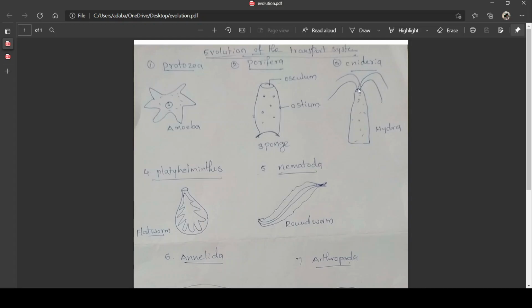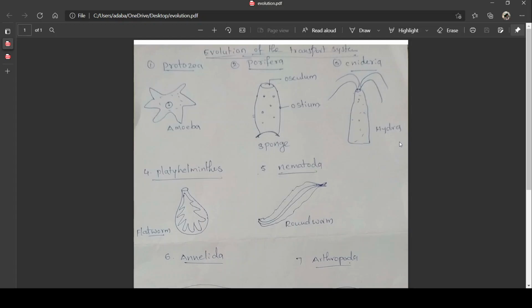Around the mouth, the tentacles are present. Hydra takes water through the mouth, and along with the water, materials are taken in.